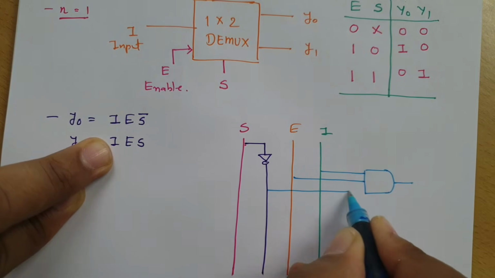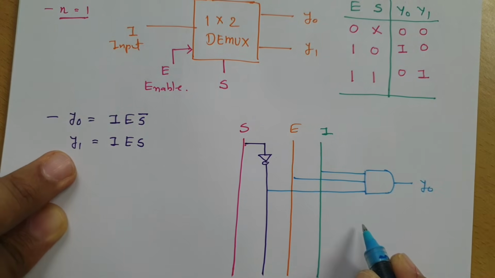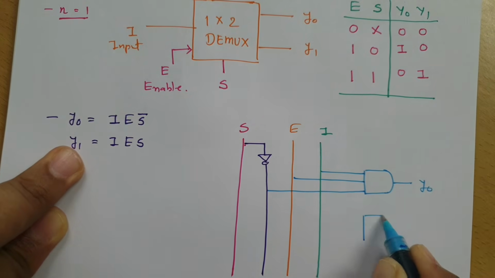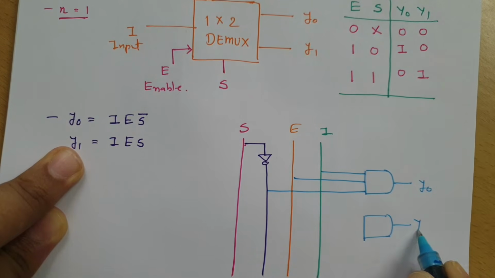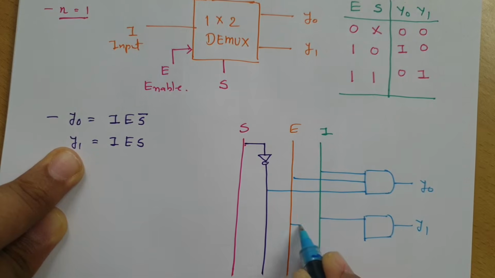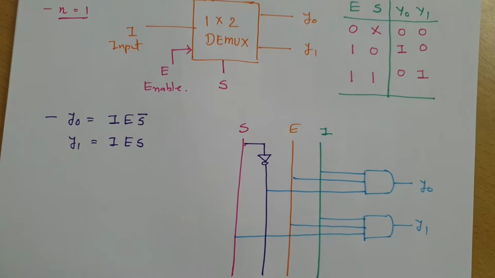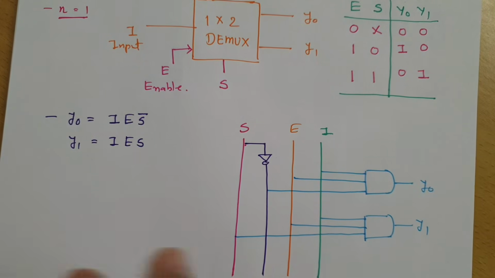So complement of selection is this, and this is my y0 output. And y1 is the AND of input, enable, and active high of selection. So that is how the basic working circuit of the 1 to 2 demultiplexer is.